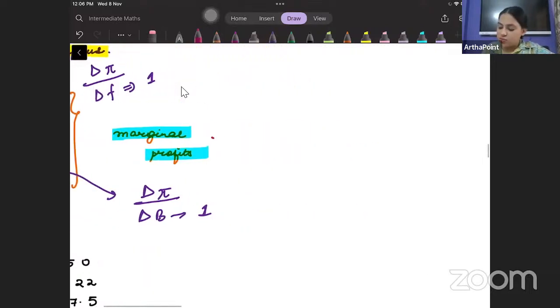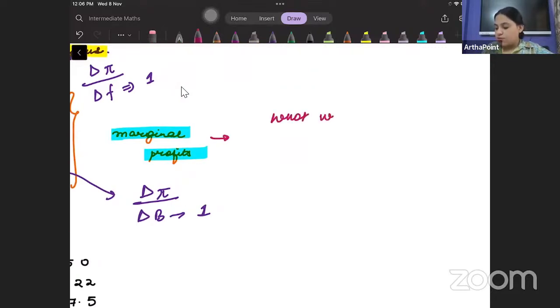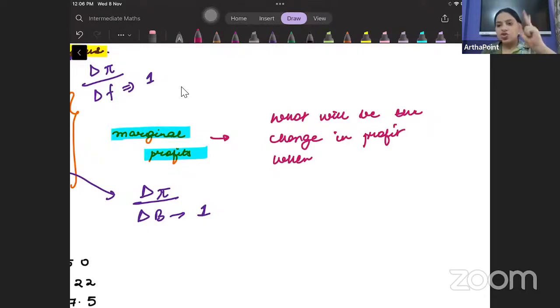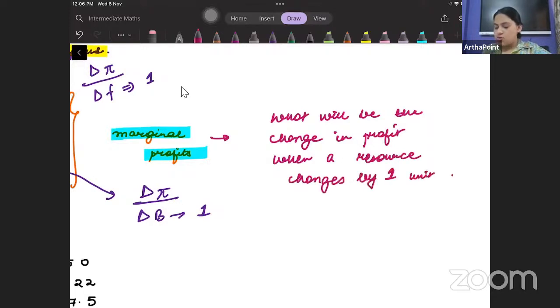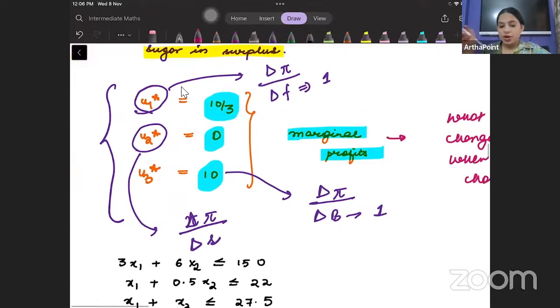So what is marginal profit telling us? Marginal profit tells us what will be the change in profit when, जो भी आप रिसोर्स की बात कर रहे हो, whether it is flour, sugar, or butter, when a resource changes by 1 unit. जब हम resource को 1 unit से change करते हैं, how much will my profit change?